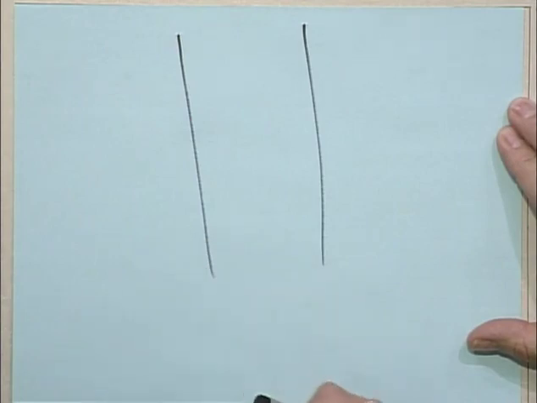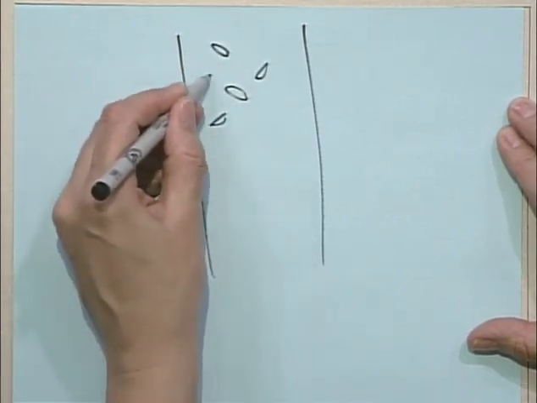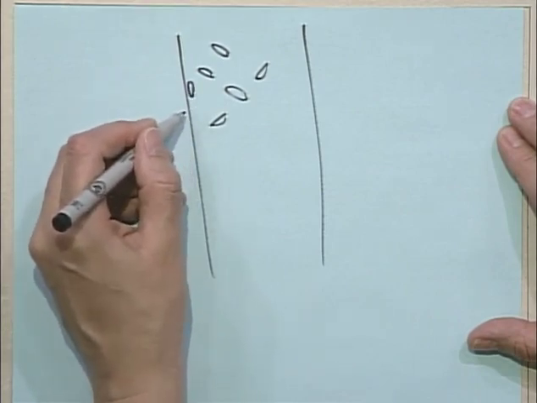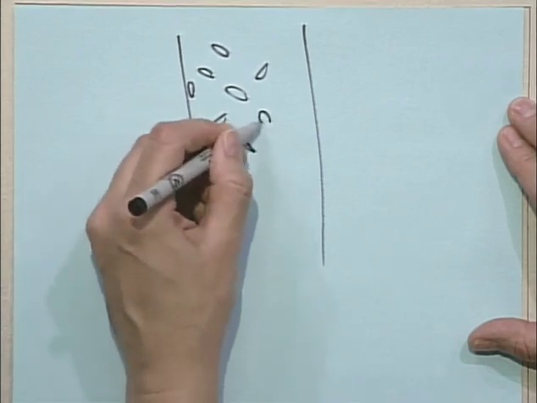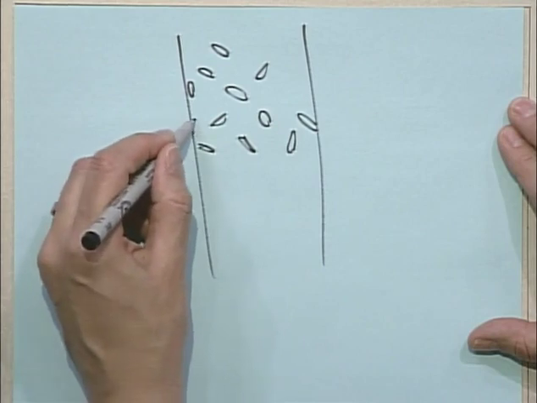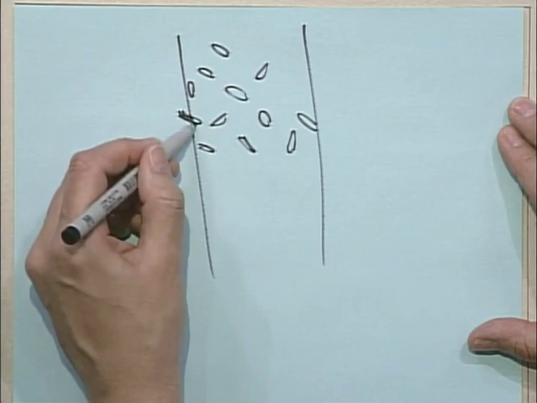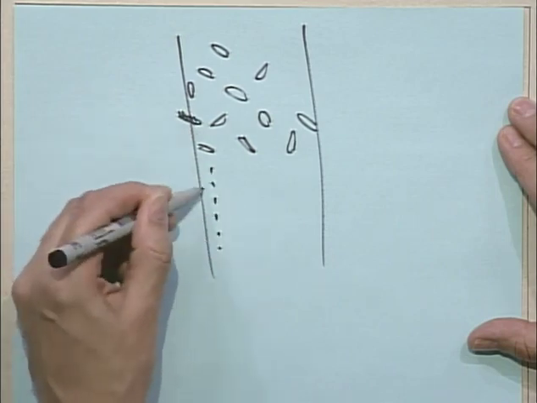If we put something that had a bunch of rice in it, near the wall, the rice can't go through the wall, right? And so there's actually a phenomenon called a depletion layer near the wall. Because the particle would like to be at that position and it simply can't get there, you end up with a little depletion layer near the wall.